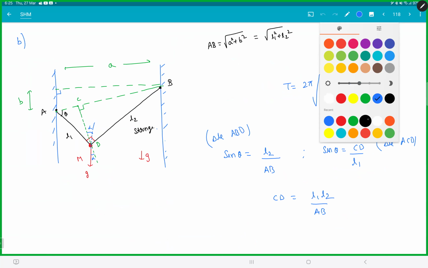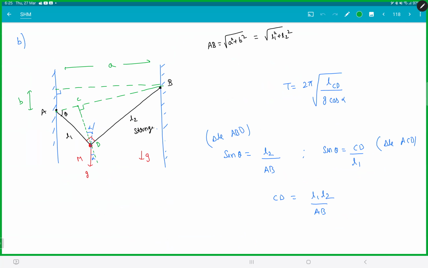So here, if you want this angle now, look at this thing. This was alpha. If you draw one more line like this, this line was alpha.